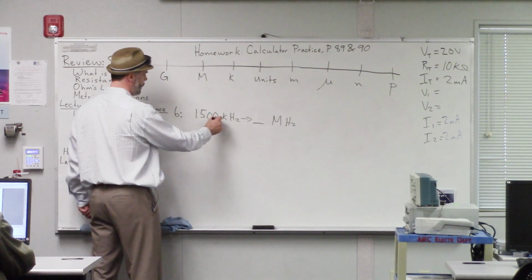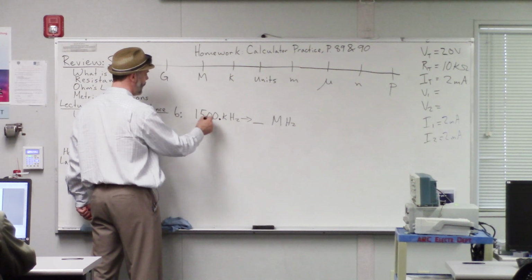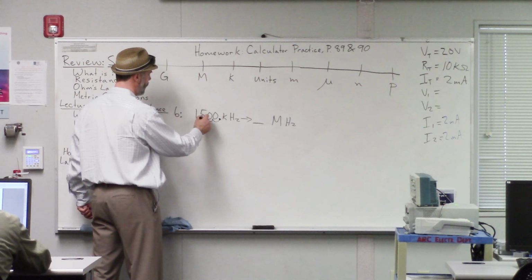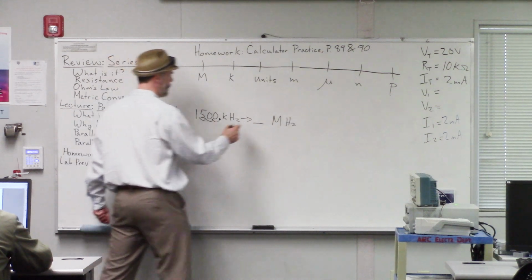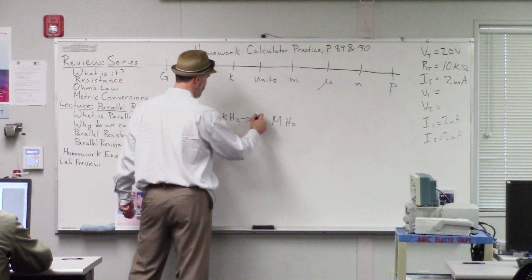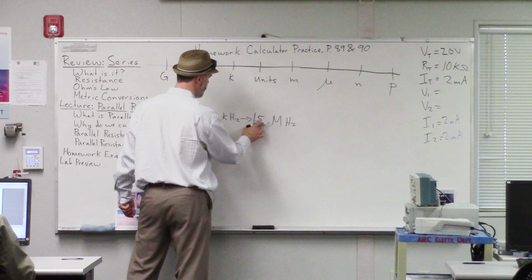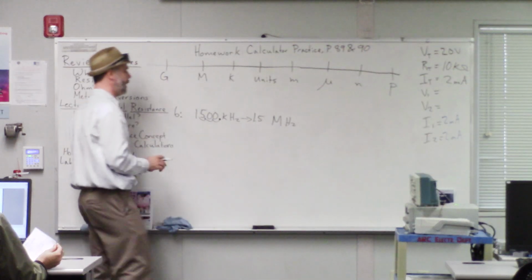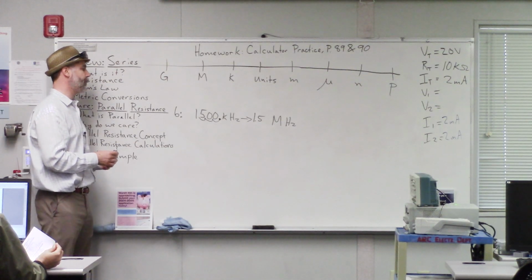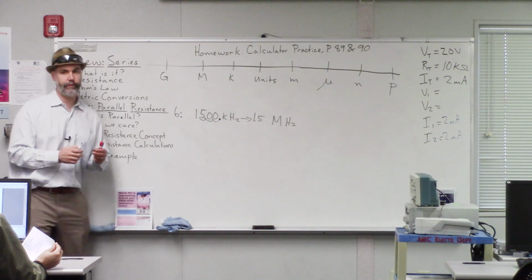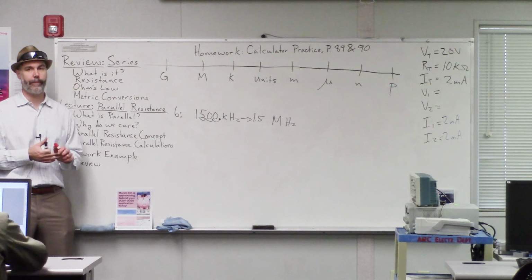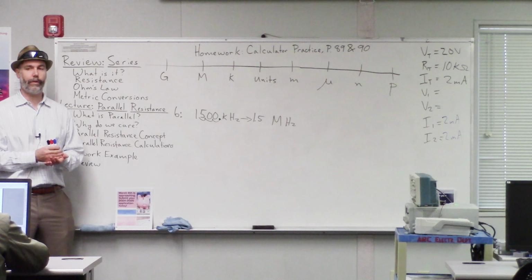So then we move 3 places left from there. And so that gives us 1.5 megahertz. So 1,500 kilohertz equals 1.5 megahertz. Okay? So are there questions about that?